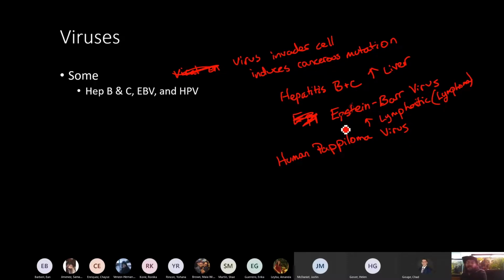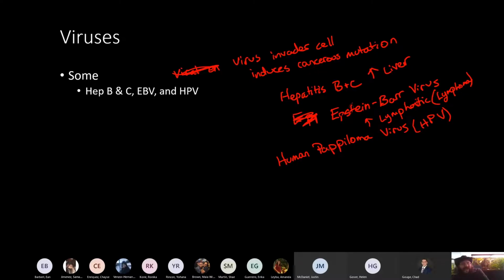Human papilloma virus, or HPV. You might know this already because when we developed a vaccine, we talked a lot about how there's a ton of different HPV viruses out there. Generally, when it comes to viruses, there's multiple strains.